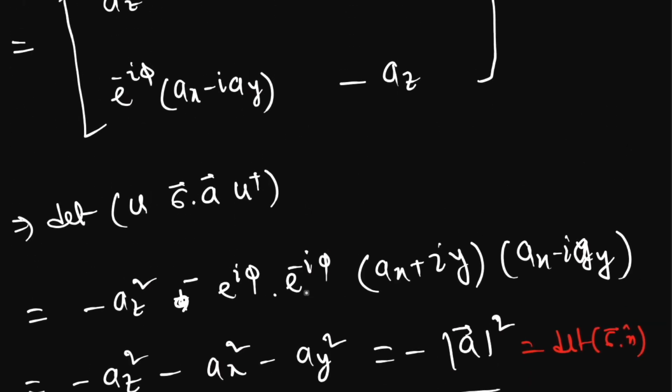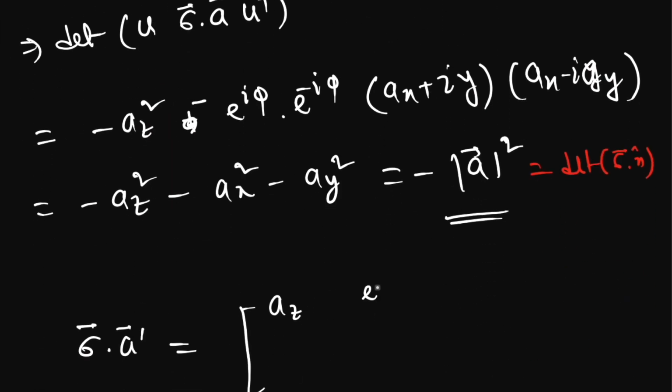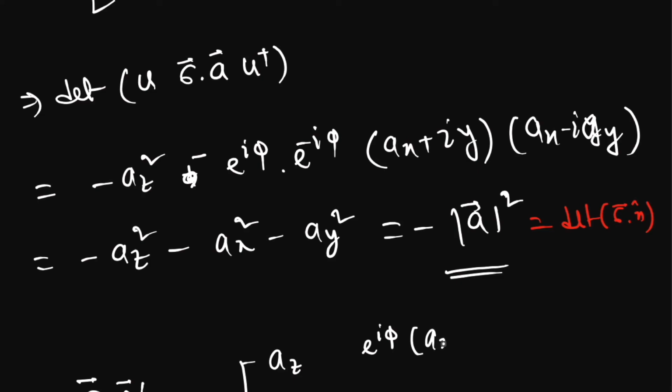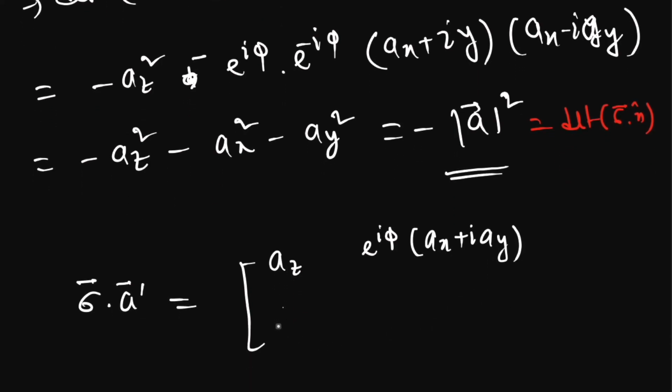az, e to the power i phi into ax plus i ay, e to the power minus i phi into ax minus i ay, minus az.